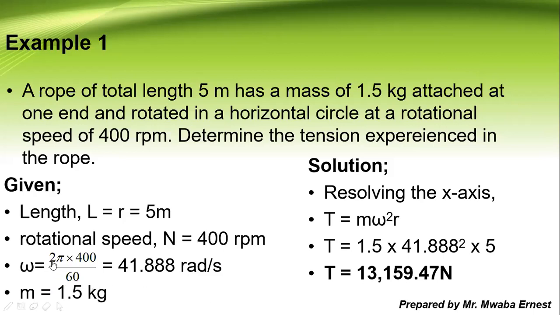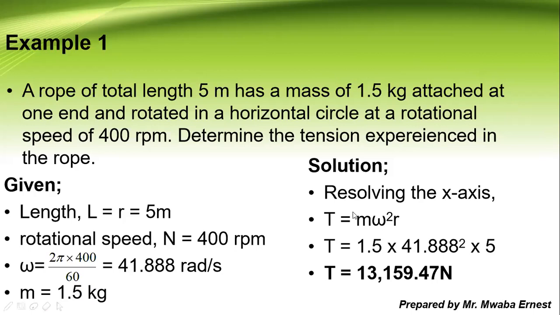And in this case, we have 2 pi multiplied by 400, then we divide by 60. Now, when you take this into your calculator, your answer will end up being 41.888 radians per second. Then our mass is 1.5 kg. Then we also have, of course, g is standard. We will not need even to bring it up here. Let's go to the solution.